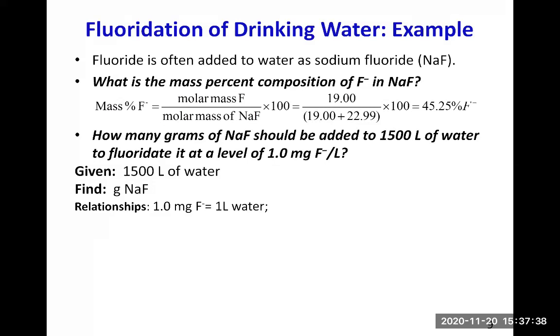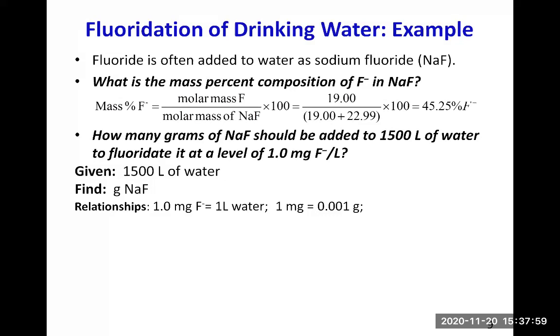Because we want the grams of NaF, we will change those milligrams of fluoride into grams. So we will need to change the milligrams into grams using the definition of the milligram. And so 1 milligram is 0.001 gram.